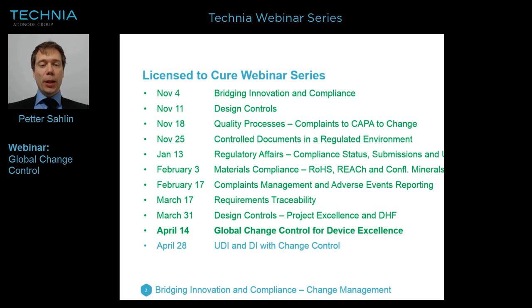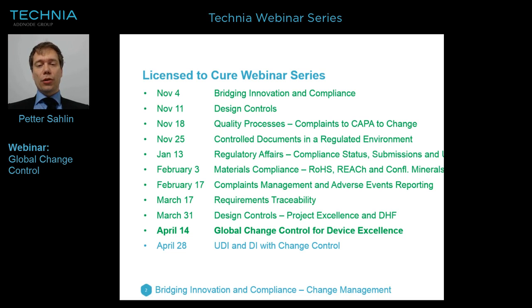We went into depth about complaint management, creation of complaints, basic trending, and the adverse events reporting, which is a continuation of reporting on complaints with some severe impact on patients. And with this, we touched upon the CAPA topic.